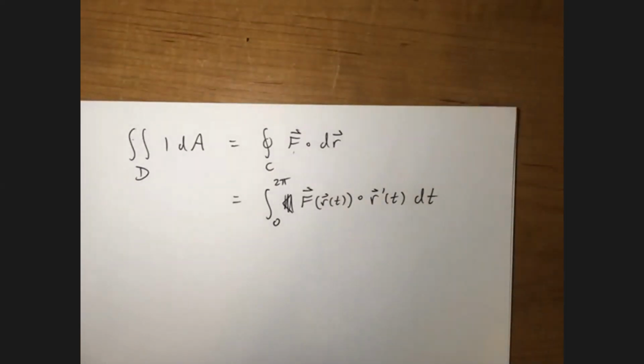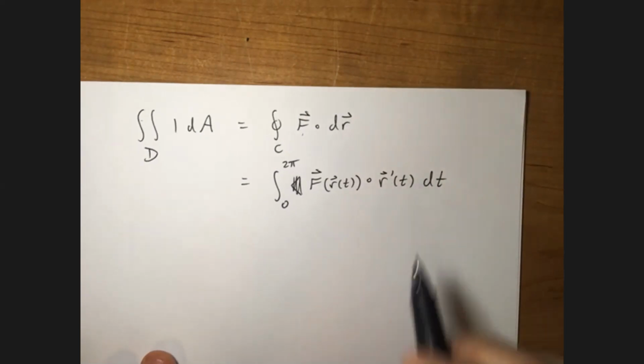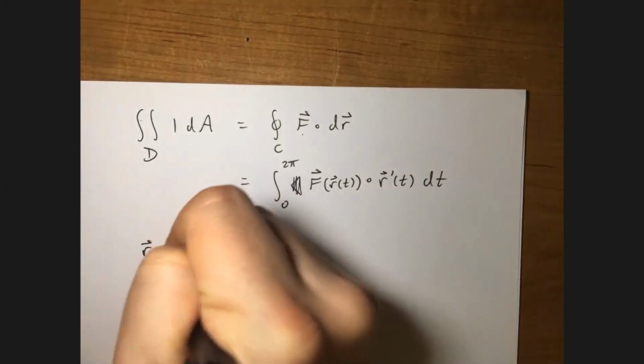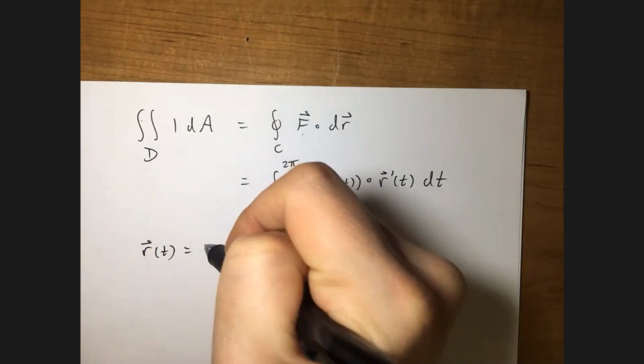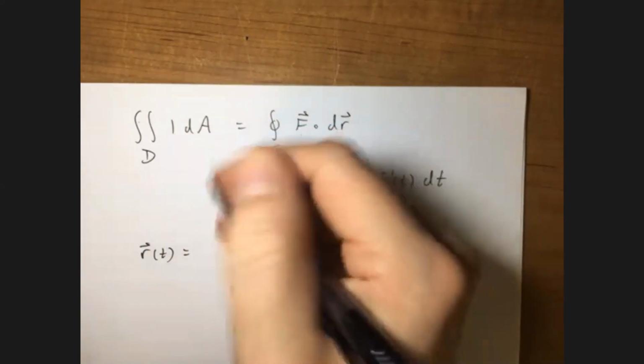Okay. So now we need to find r prime of t. All right. Well, r of t was, what was it? Cosine cubed t comma sine cubed t.